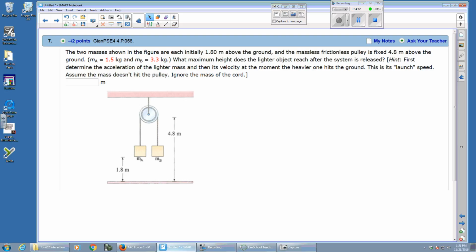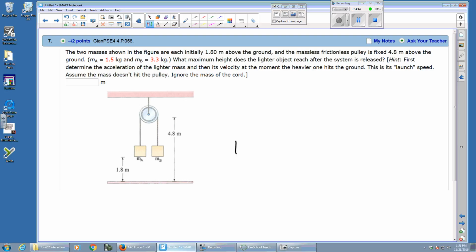Therefore, we need to know the acceleration during that 1.8 meters to be able to find its launch velocity. Well, we're going to look at the dynamics of it and then look at the kinematics of it. The dynamics is how it is accelerating during this time, and that's going to be controlled by the acceleration of the system.